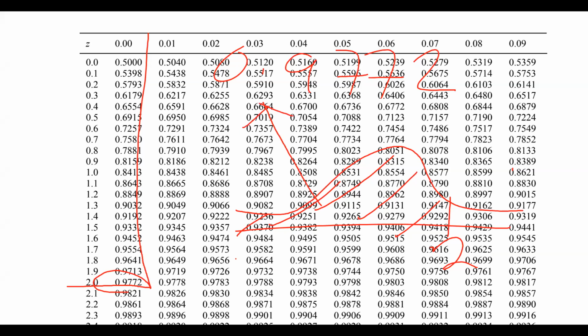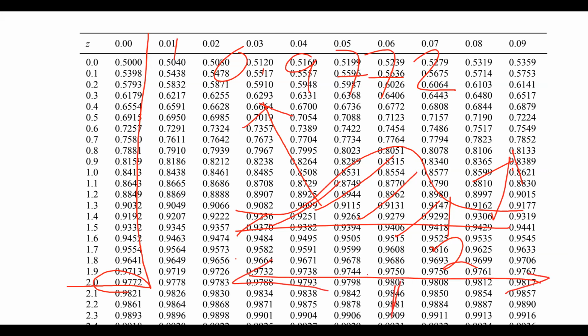But as we are interested in the area that is greater than 2, the probability greater than 120, what do we do? Subtract from 1. We subtract from 1 because the total area from here up to here is 1.